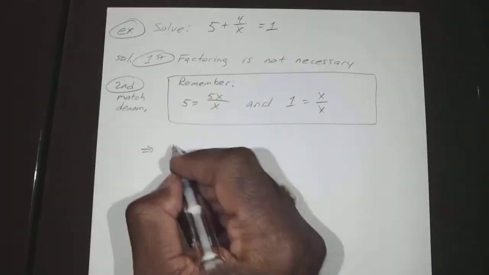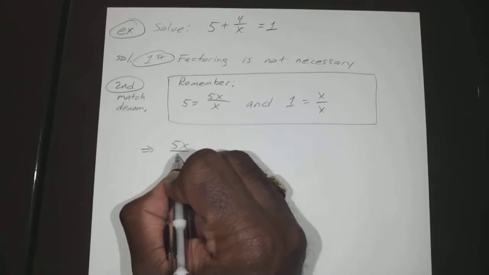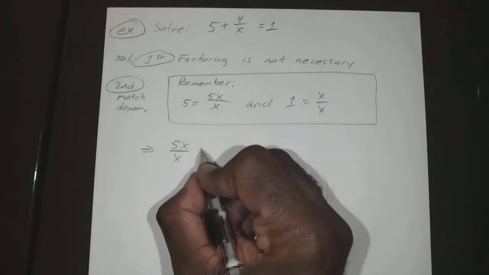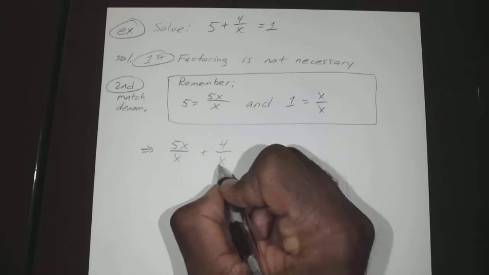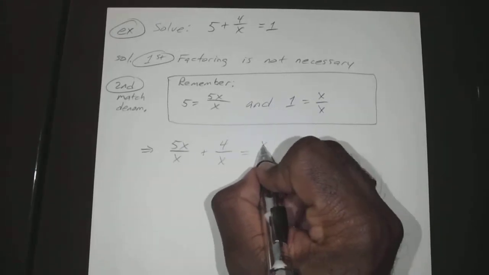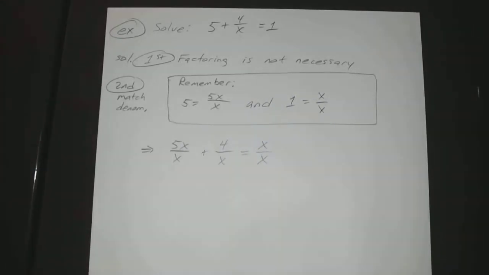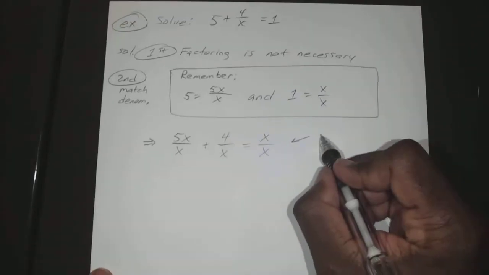So instead of 5, we'll have 5x over x plus 4 over x equals x over x. You can say 1x over x if you want to, but it's not really necessary. And again, if we multiply each term by the least common denominator, which in this case is x, they'll all cancel out.